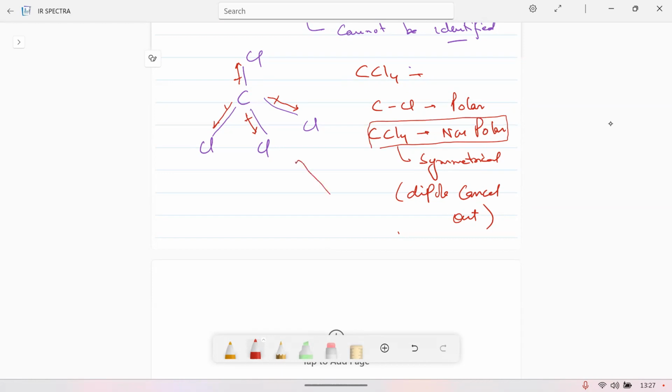But what happens is when it absorbs the IR radiation, it may bend like this. Now the moment it bends like this, after absorbing IR, due to bending and stretching, what may happen?